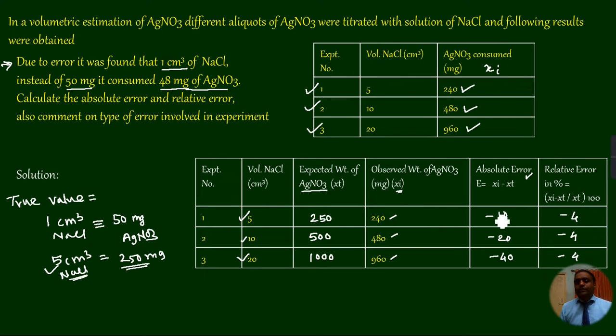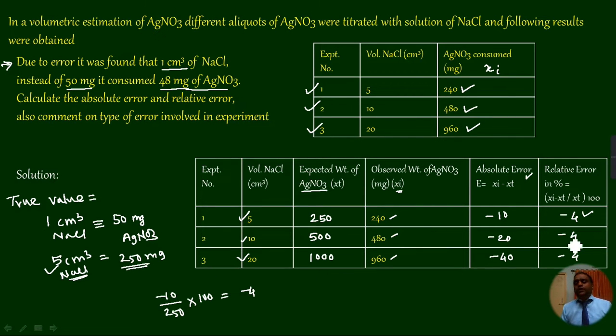So the first relative error is -10 divided by 250 into 100, and you will get definitely -4. So this is correct, right?